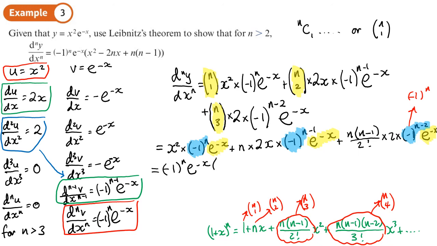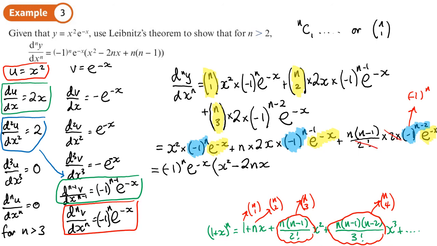So what are we left with inside? Well, the first term is just going to get multiplied by x squared. The second term, we need a negative to account for the fact that this is one less power than this, so it's going to be a negative term. And we've taken the e to the minus x out, so it's going to be -2nx. Then we go to the third term here. Actually, this 2 will cancel out with the 2 factorial, because 2 factorial is 2.